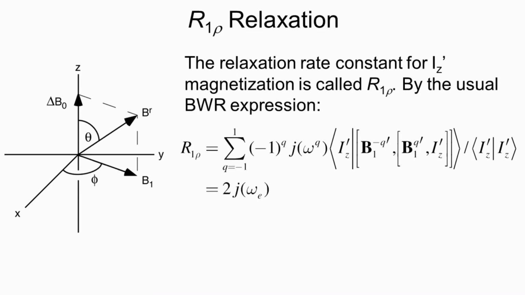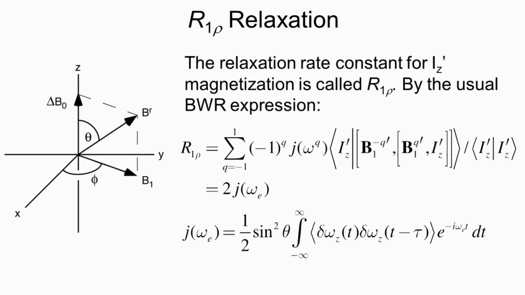And when I work out all those operators, I simply find that R1 rho is equal to 2J at a frequency omega e. So again, the frequency that comes out is the frequency of the effective field, not the laboratory frame eigenfrequencies. And remember that J comes from the fluctuating fields.